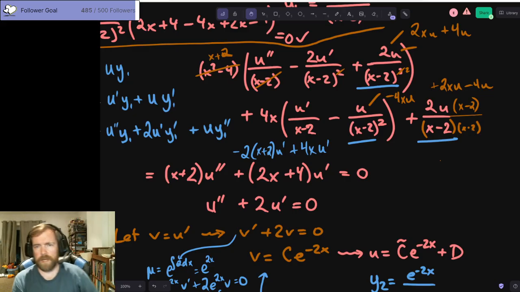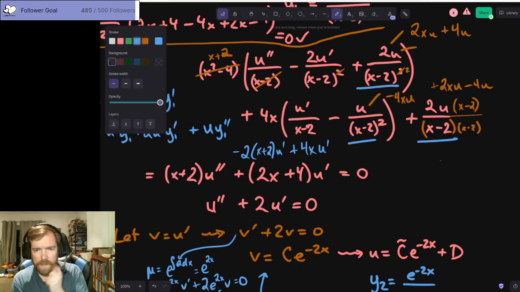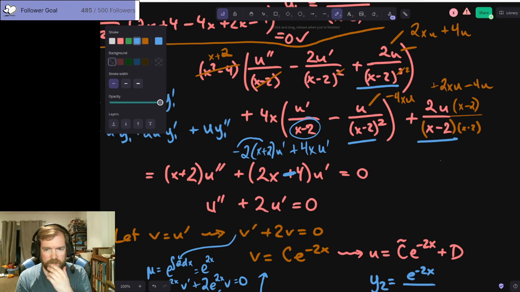Oh, got it. This negative comes in, so that's going to make it a negative here. Okay, yeah, which then causes the x minus 2 on the bottom to directly divide out.